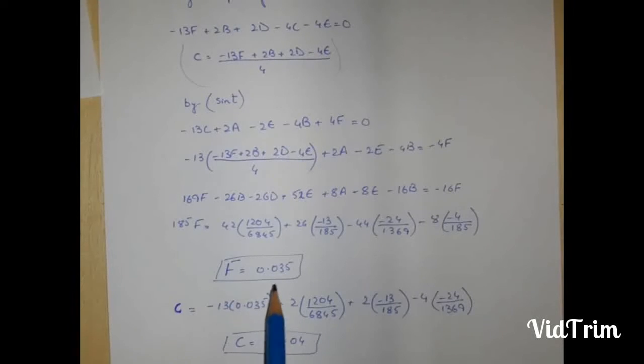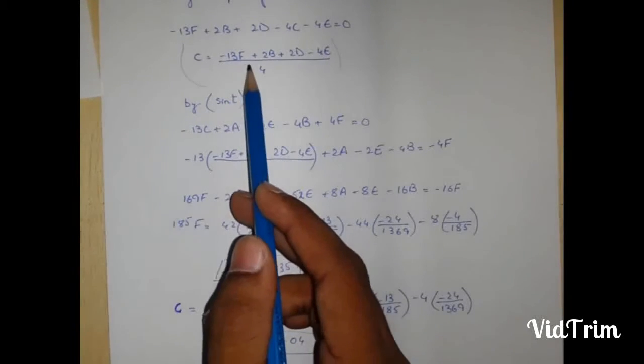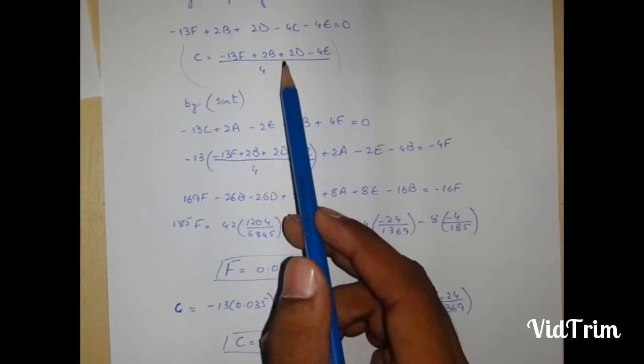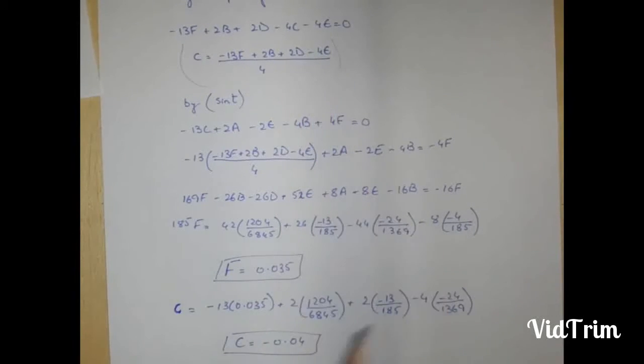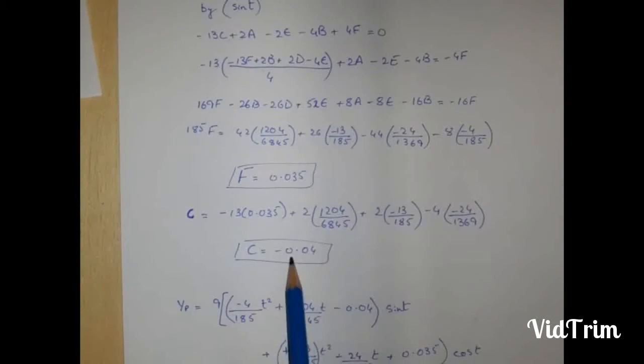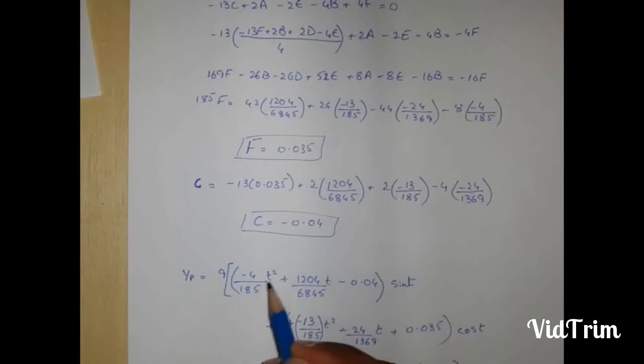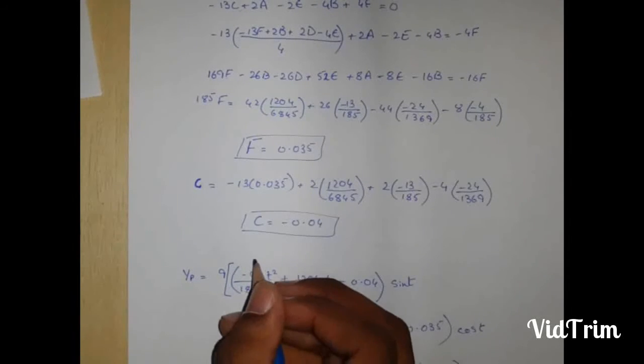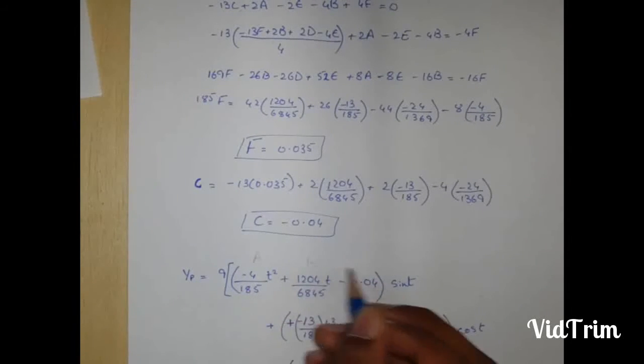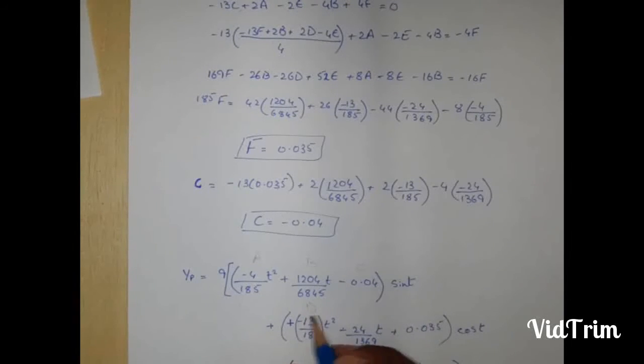Now I put this f here; I know the values of b, d and e, so I get c. Now my yp will be this whole term. This is a, this is b, this is c, this is d, this is e, this is f.